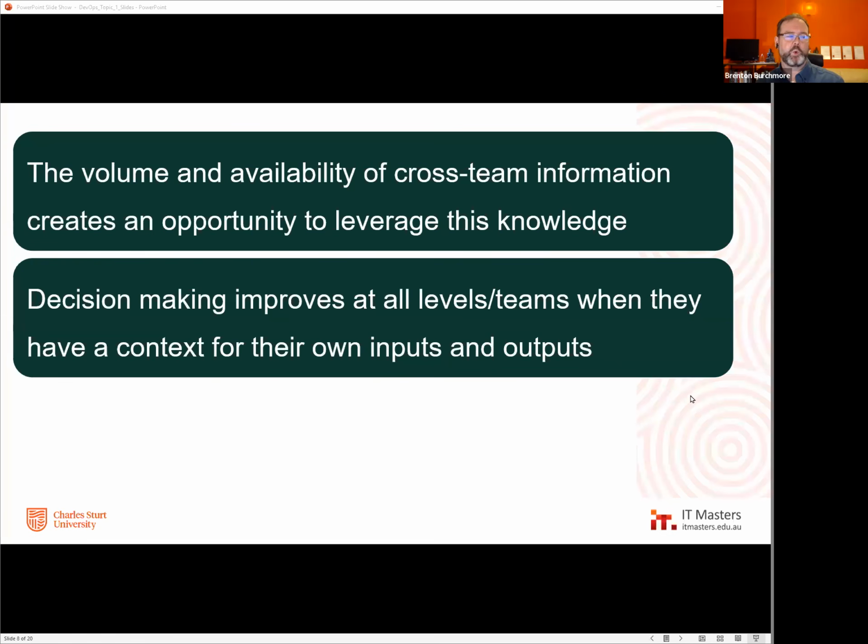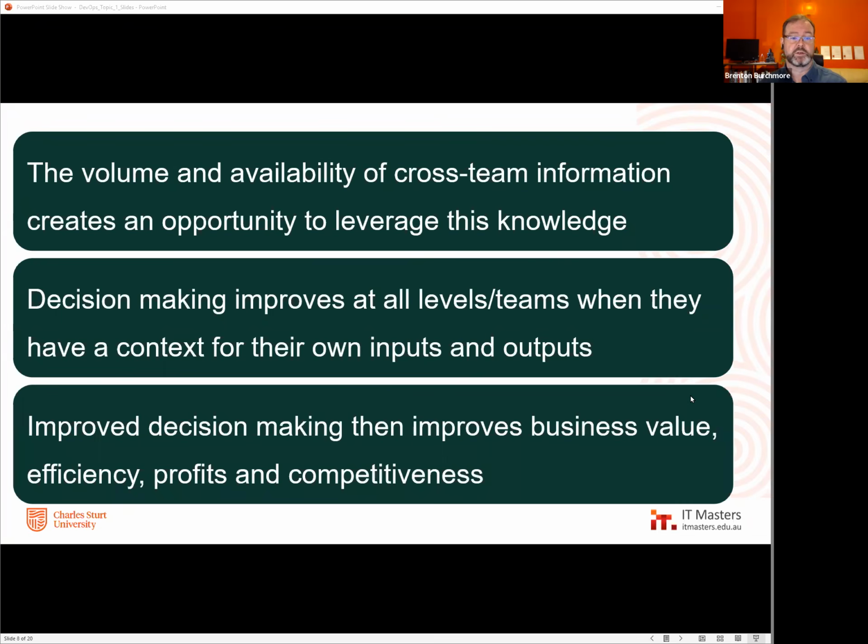And so when we can help all the decision makers in all teams, including the development and operations teams, broaden or deepen their context for the decisions that they're making and more clearly understand the ramifications, the repercussions, the situation around their decisions, the better their decisions will be. The better that will be for everyone concerned.